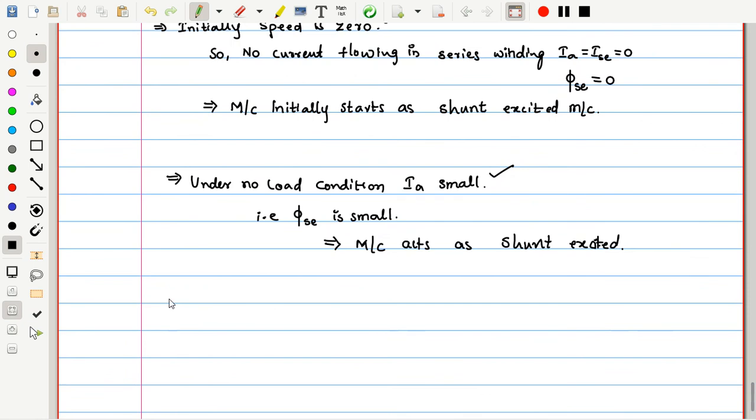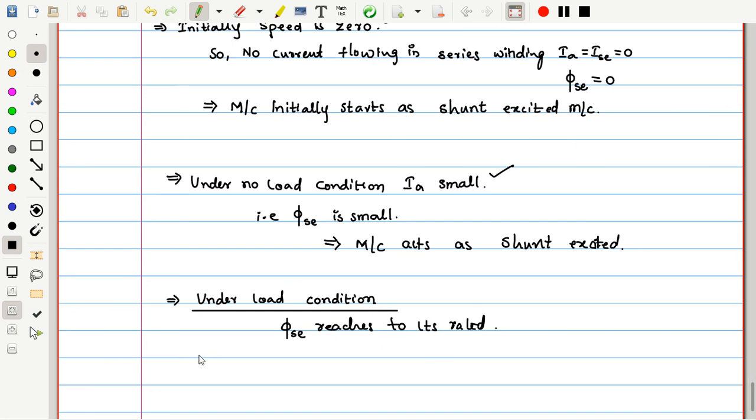So next let us take under load condition. What happens is that phi SE reaches its rated value.